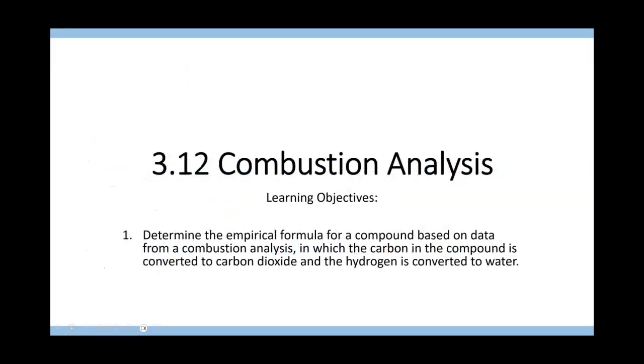Okay, we're going to move on to the last section here, combustion analysis. So combustion analysis is a lab technique to help determine the empirical formula of a sample that has carbon, hydrogen, and possibly oxygen that is burned through combustion. So we can use the amounts of products produced to determine the empirical formula of the sample that was burned.